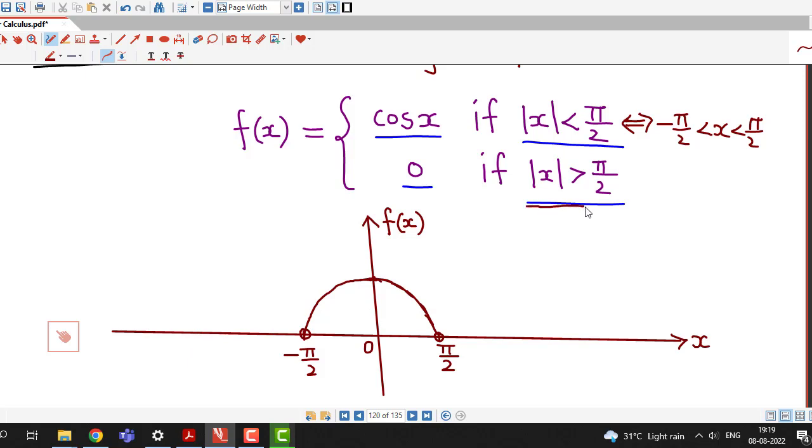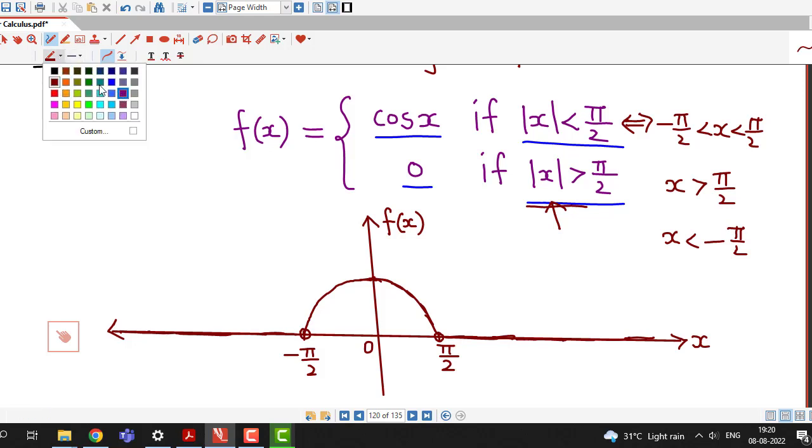And if mod x is greater than pi by 2, that is if x is outside this interval, if x is greater than pi by 2, then mod x is greater than pi by 2. If x is less than minus pi by 2, that is if we are to the left of minus pi by 2, then also mod x is greater than pi by 2. So this mod x greater than pi by 2 gives us two intervals, pi by 2 to infinity and from minus infinity to minus pi by 2.